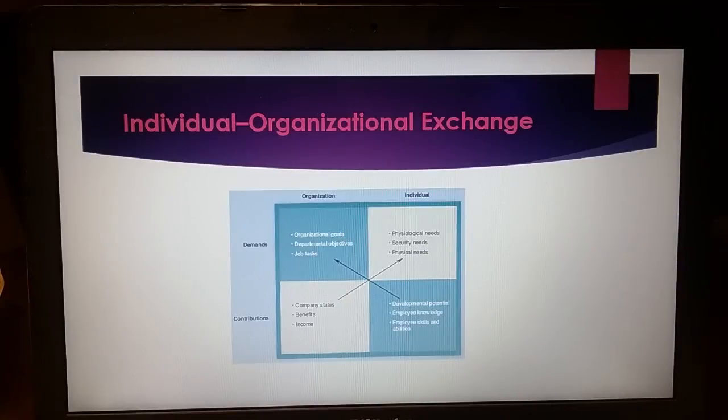And the organization is contributing benefits and income, but the individual, in the meantime, has demands to meet in order to get that company status, the benefits, the income. They need to put something in too.